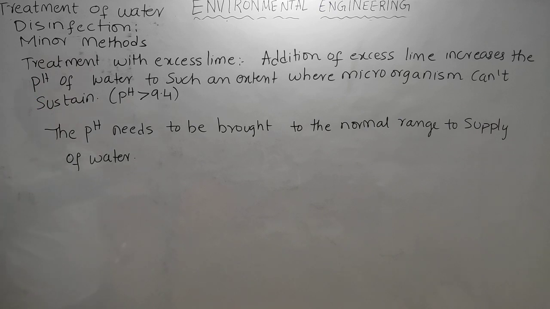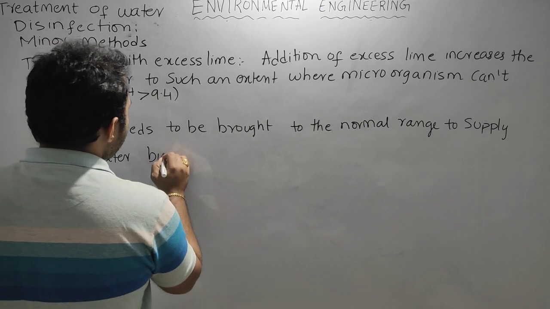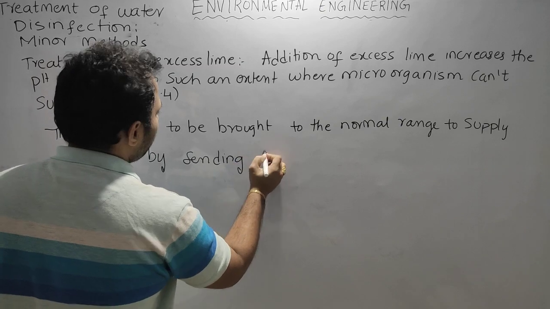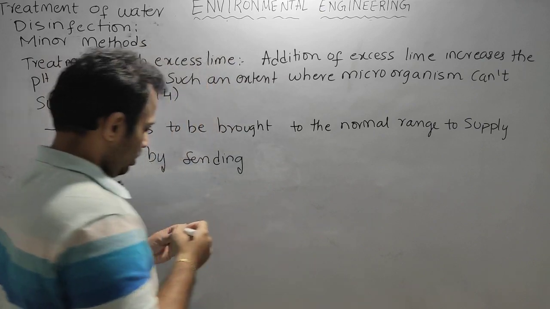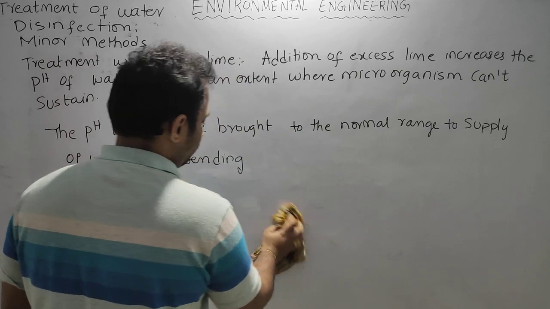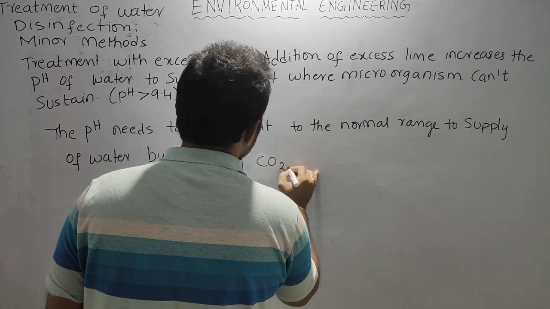That means we need to add some kind of acid. So we are adding alkalinity to the water, and again to reduce the pH by sending carbonic acid or CO2, that is carbonation.